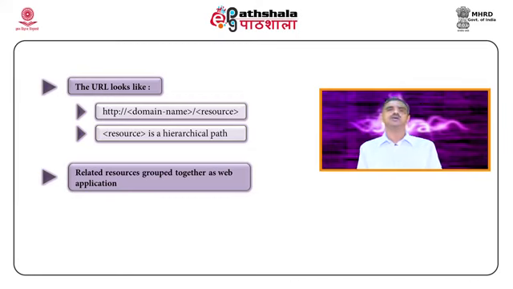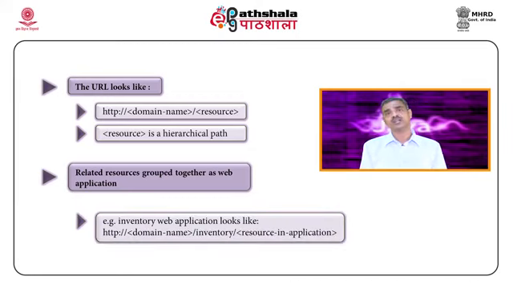For example, you may say I have a web application for an inventory, then I would have http:// my server slash my inventory as my application, and then slash so many resources within my inventory web application.